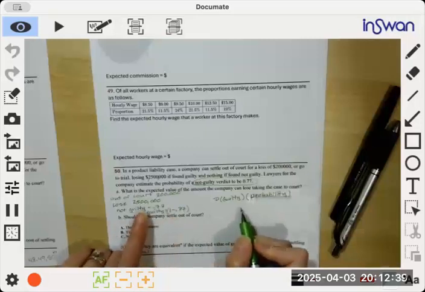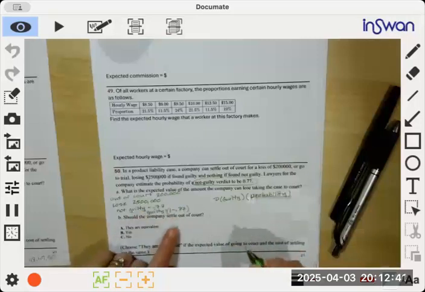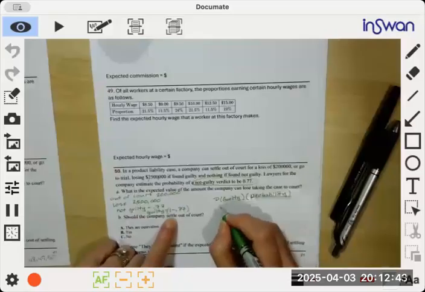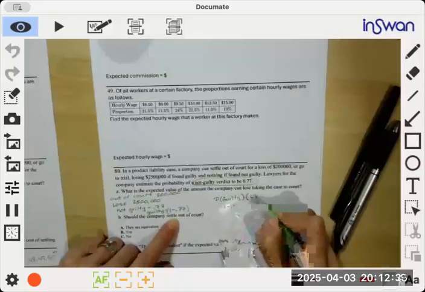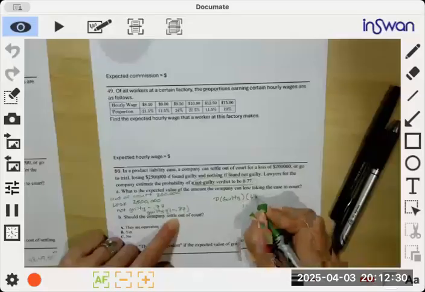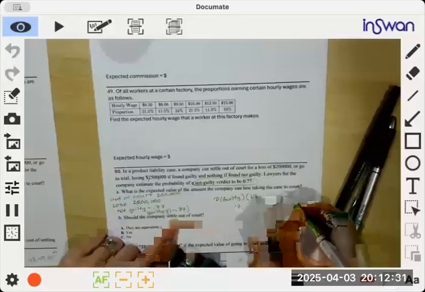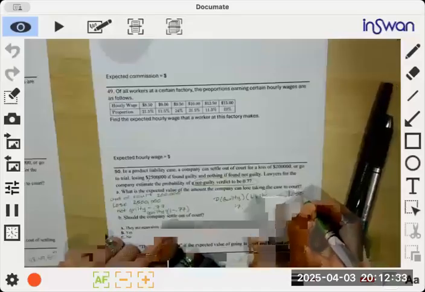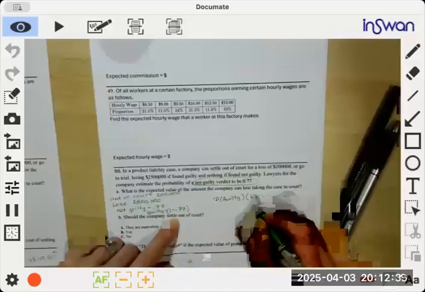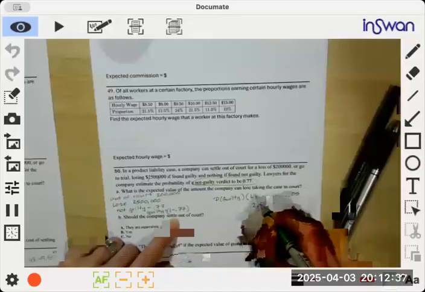So probability of guilty is 1 minus 0.77. And the loss is an awful lot of money.